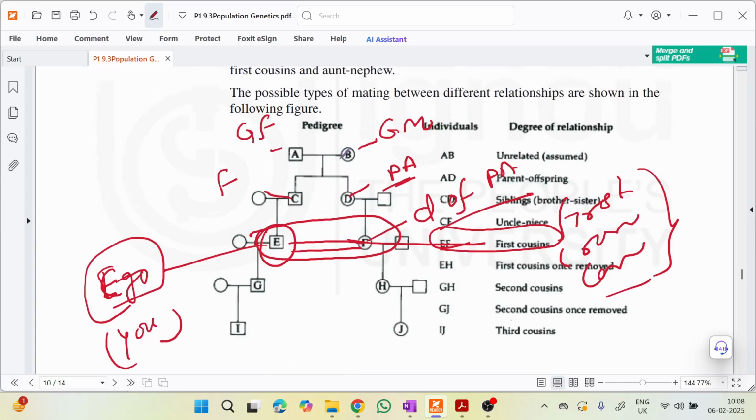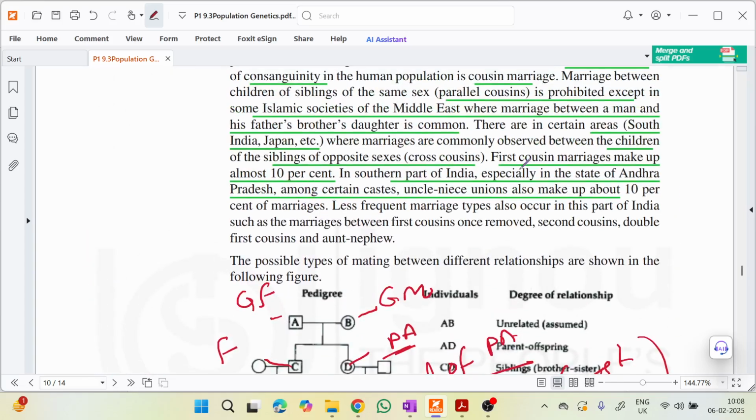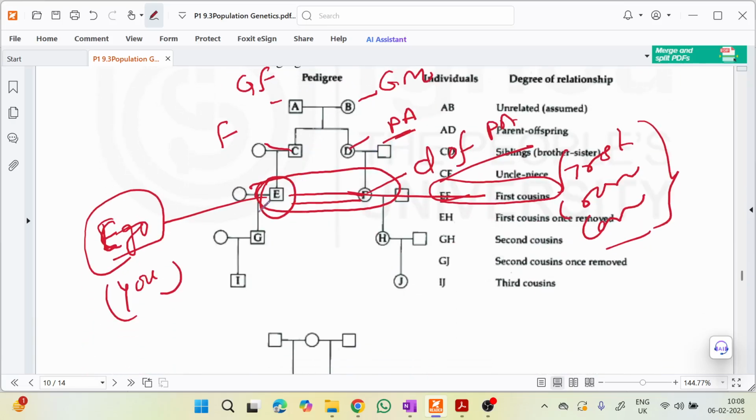Then, as it's mentioned here, this type of marriage, first cousin, makes almost 10%. And as you know, the other relations or other contact types further deviate from the family tree and the equation of consanguinity, then it becomes less of an issue.